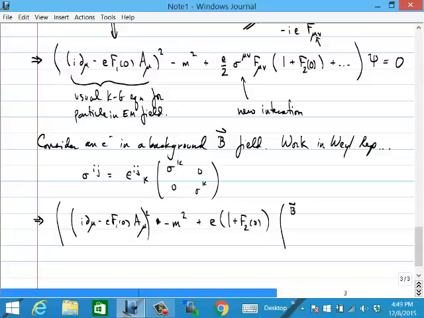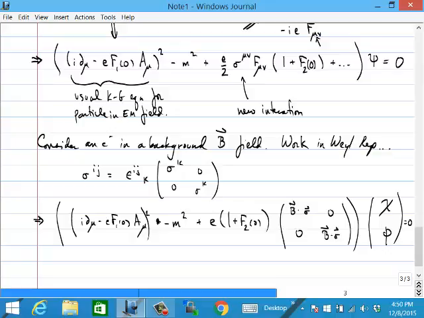We have B dot sigma, 0, 0, B dot sigma acting on our four-component field, which in the Weyl representation is just two two-component spinors on top of one another.